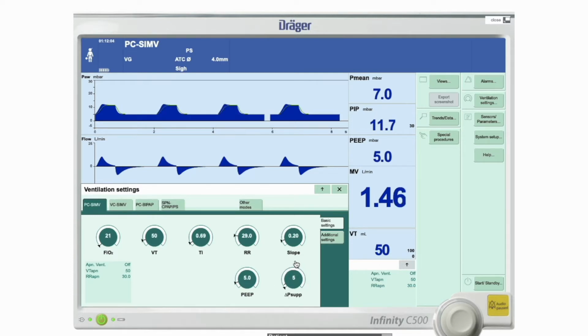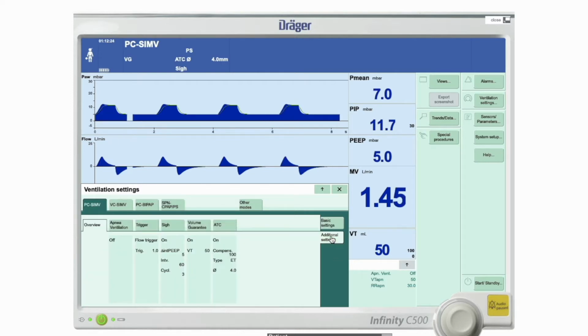I'm going to talk a lot more about this in the next video, but just know that if you raise this above 0, you'll get this PS sign here that tells you that pressure support has been engaged.